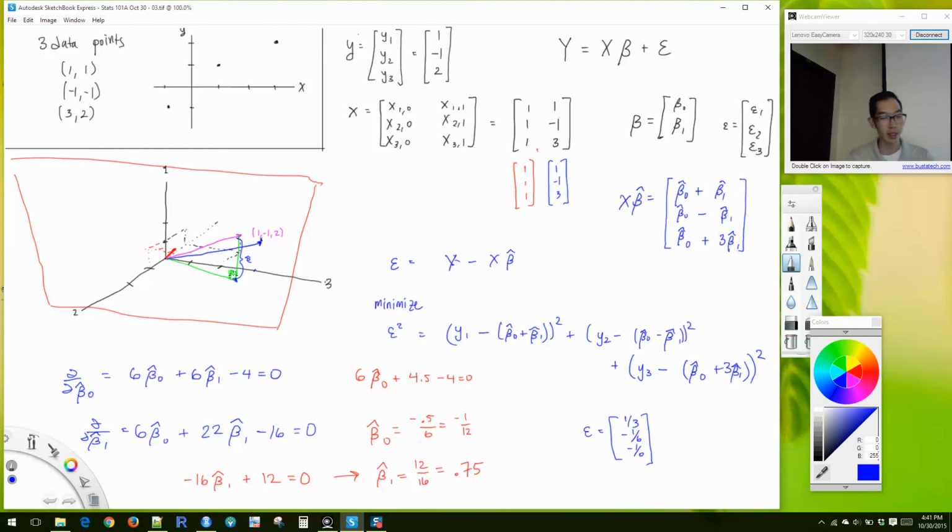I probably won't be testing you on this per se, but it's just a different topic. I thought that multiple linear regression is the ideal place to introduce this.